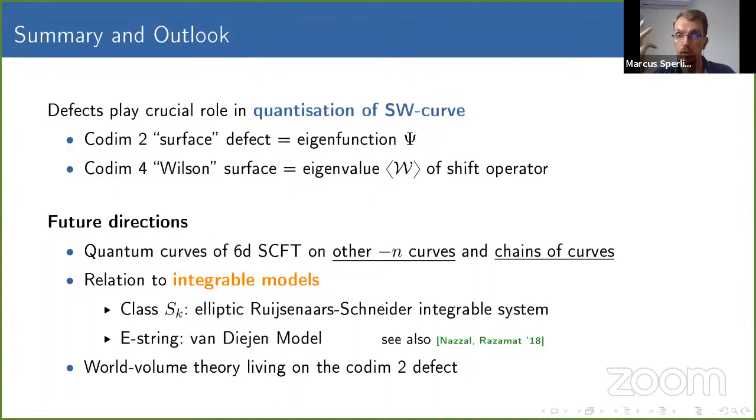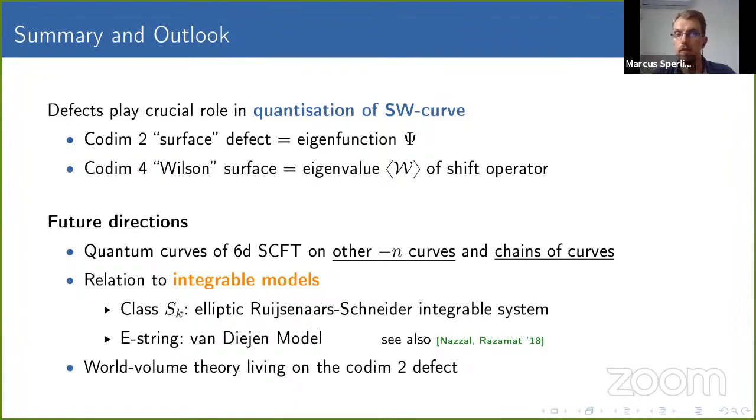The co-dimension 2 defect is precisely the eigenfunction of the corresponding quantum curve, because the Seiberg-Witten curve describes the moduli space of the co-dimension 2 defect. Similarly, the co-dimension 4 defect appears because in the Seiberg-Witten curve gauge fugacities appear, and they are then promoted to Wilson surface defects in the 6-dimensional setting.